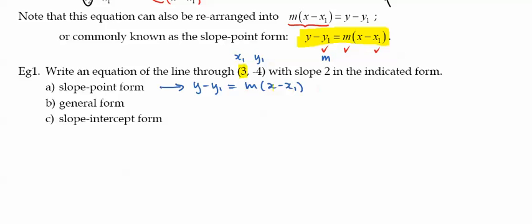So 3 is for x1, negative 4 is for y1, and I have slope equals 2. And we will simply make a substitution into the equation. y minus negative 4, so you end up getting y plus 4, and with slope equals 2, x minus x1. From the above, we have x1 equals 3. So this will be the equation in slope point form.